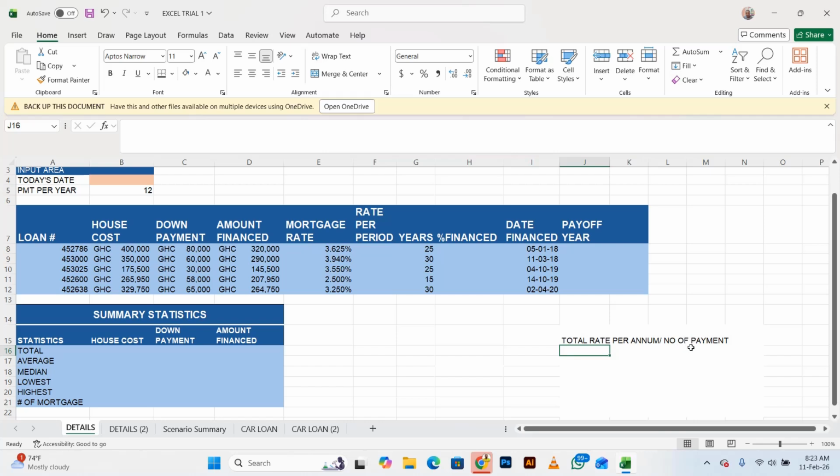So it means if you are given the rate per period and then you are asked to calculate the mortgage rate for the year, you multiply the number of payments by the rate per period. So it's just multiplication and division. Do you understand? So in Excel division, we use this sign. So find this sign on your keyboard.